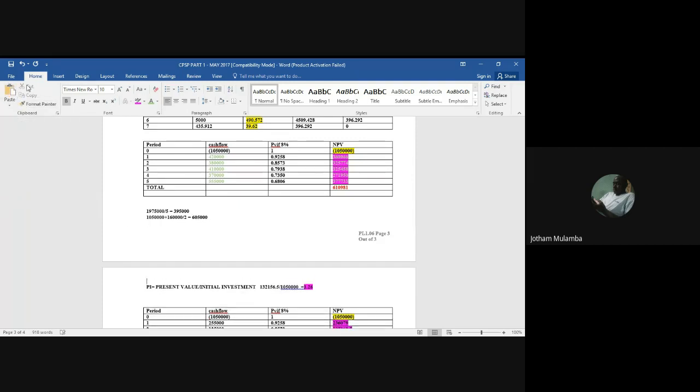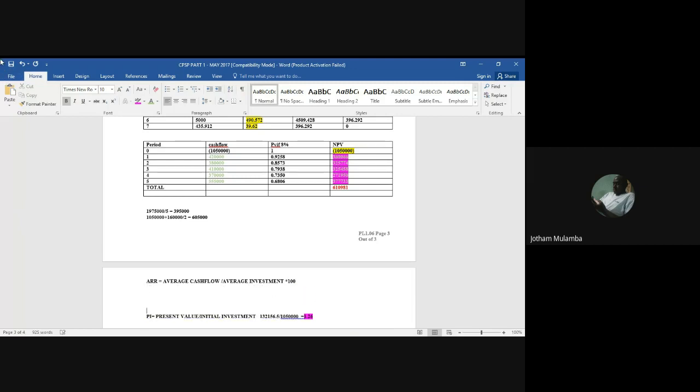So for us to get ARR, it equals average cash flow divided by average investment, then we multiply by 100. We have already calculated the average cash flow, which is 395,000.